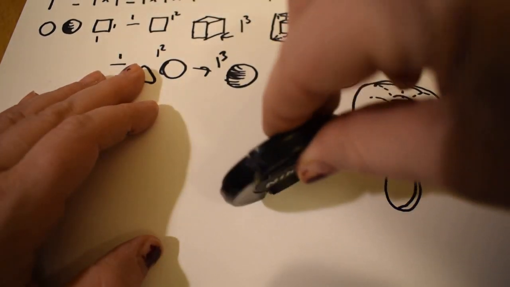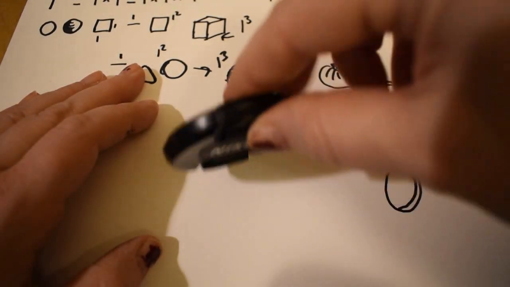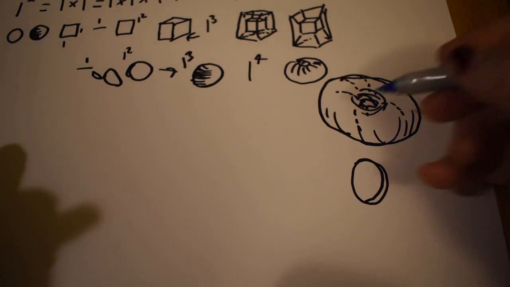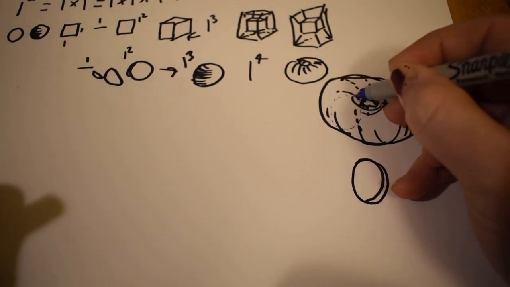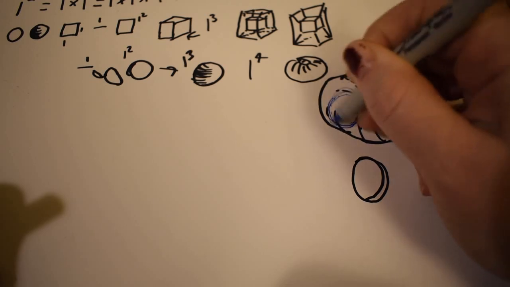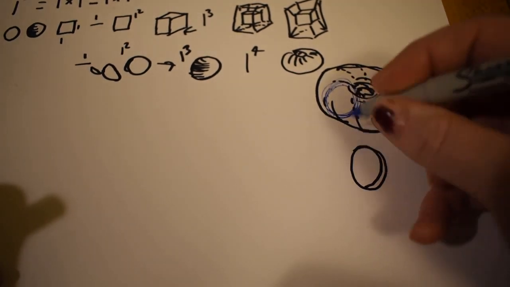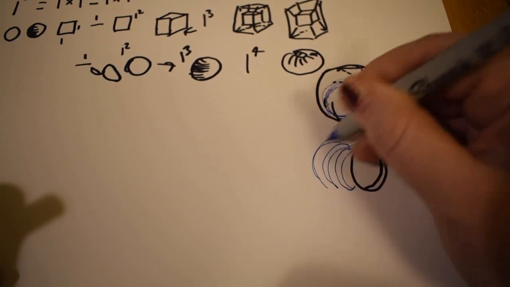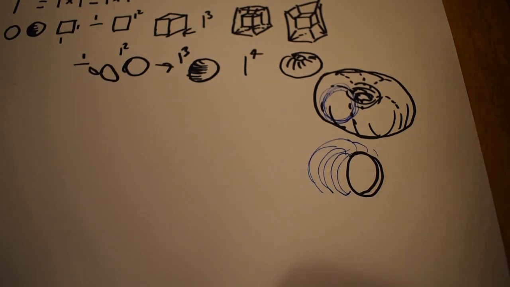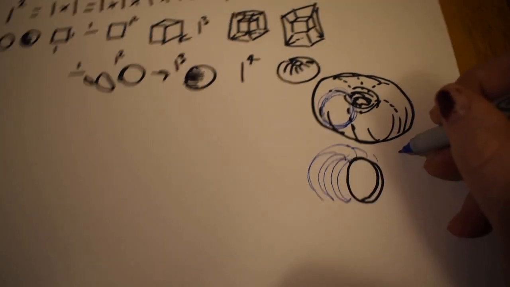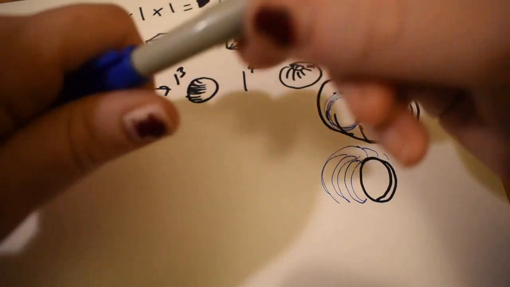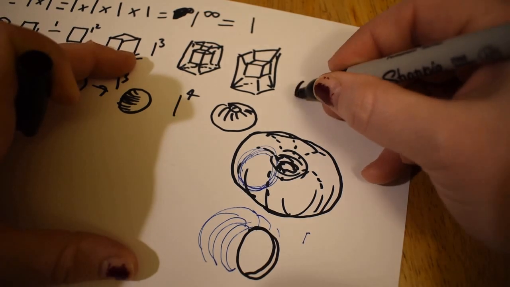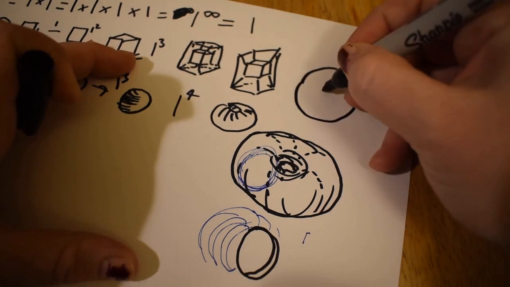So if I spin this disc around an axis, I'm going to get a donut. Usually we see that when we take a little cross section of the toroidal form, the cross section is a disc, and I just keep adding discs to it, and it starts to look like a pumpkin, and then it starts to look like a whole torus again. And if we looked at the torus from the top, let me get the other marker again. When we saw the real donut from the top, it looks like this.